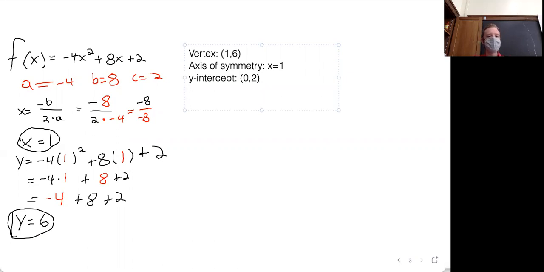And lastly, we need to determine whether we have a minimum or a maximum. Well, in this case, a is equal to -4. That means the graph opens down and the vertex is a maximum.